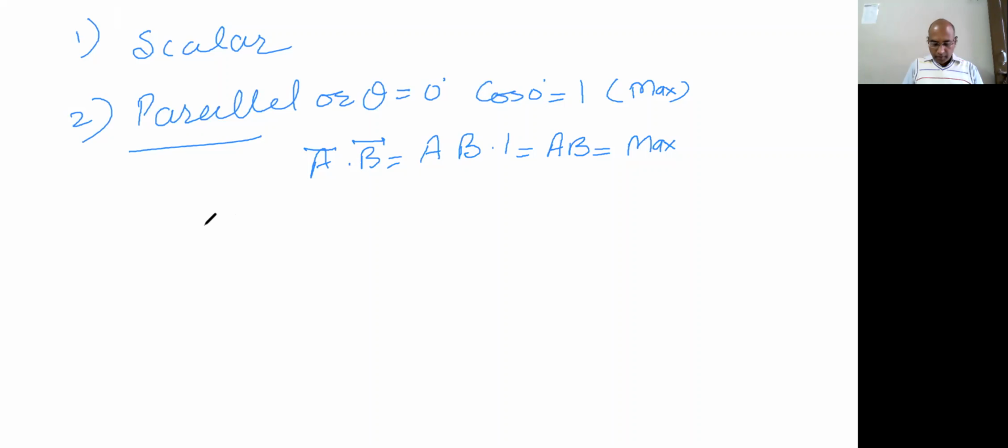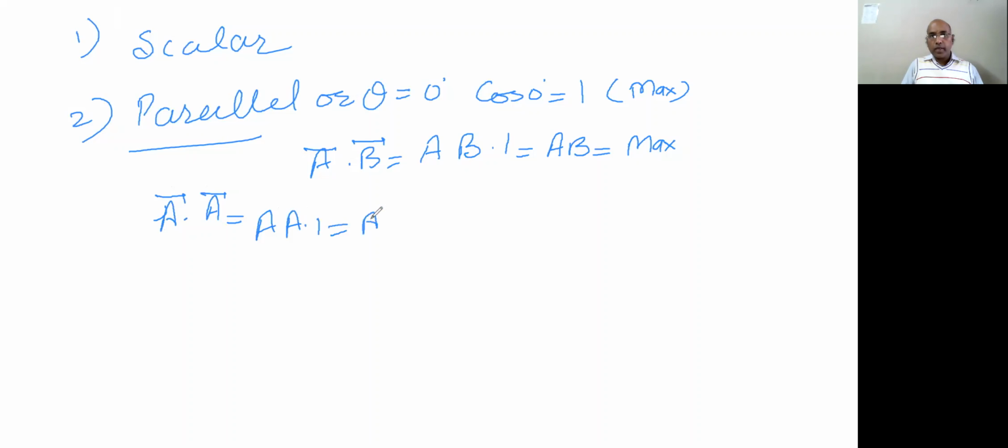Similarly, if I take the dot product of a vector with itself, A dot A, any vector will make how much angle with itself? It will make an angle of 0 degrees with itself, and hence A dot A will be magnitude of A, magnitude of A, cos 0 which is 1.